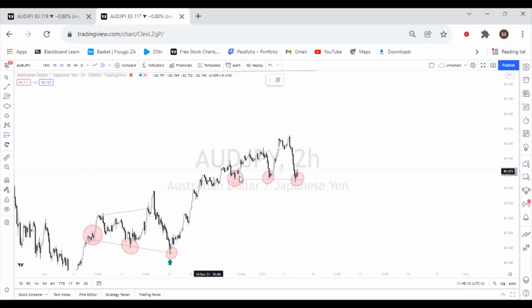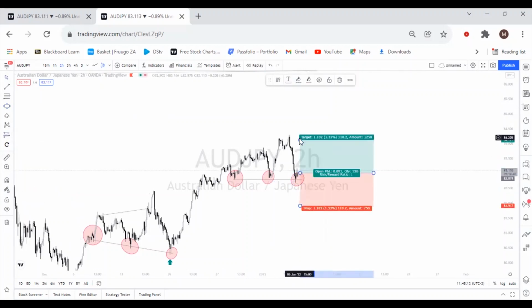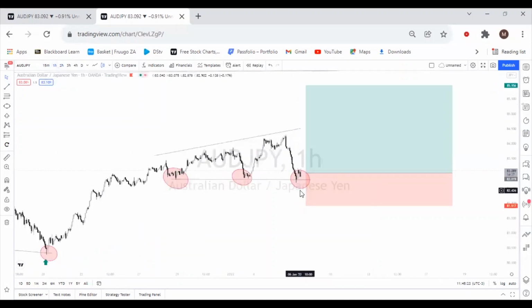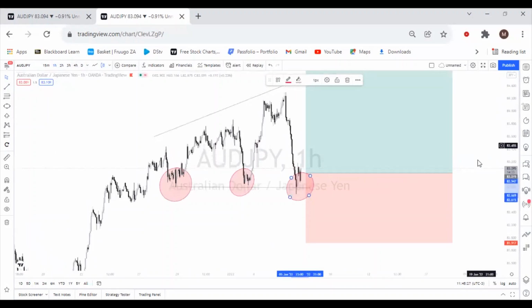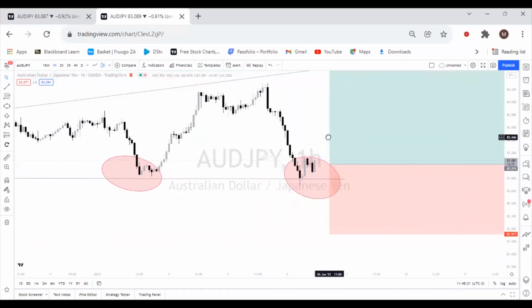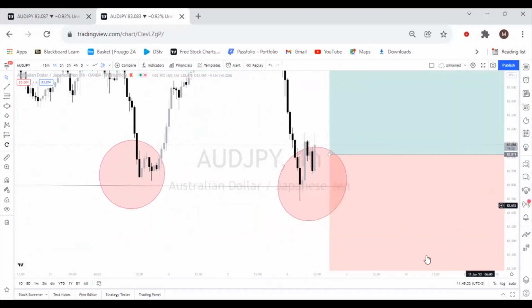And that is where we can just go ahead and execute this buy. But then you still need more confirmation regarding the candlesticks, so you need to look very carefully.